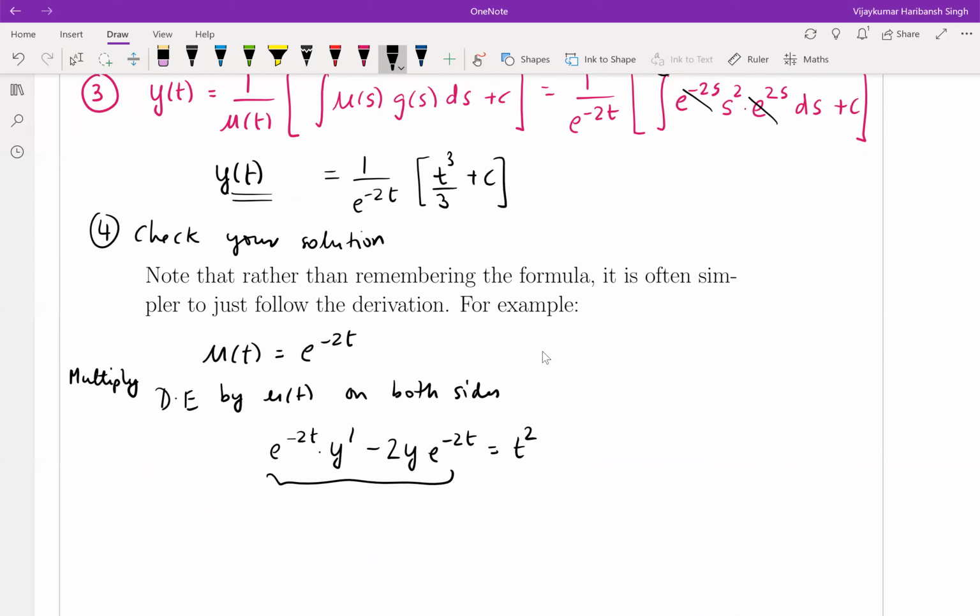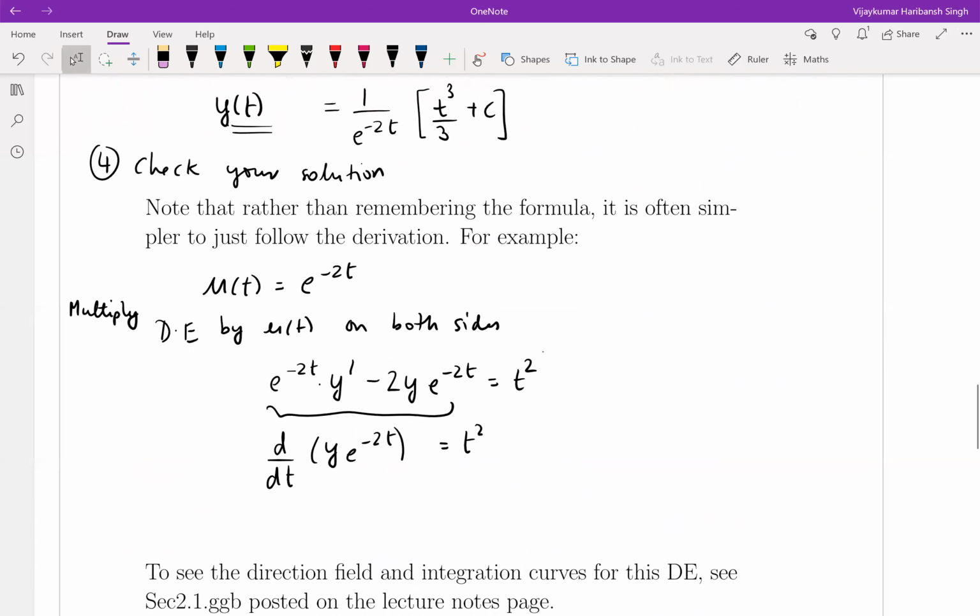And observe that this is basically the derivative of y e to the power minus 2t, equals t square. So taking the antiderivative on both sides, this gives me y e to the power minus 2t equals t cubed by 3 plus c.